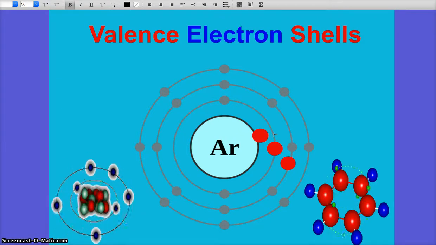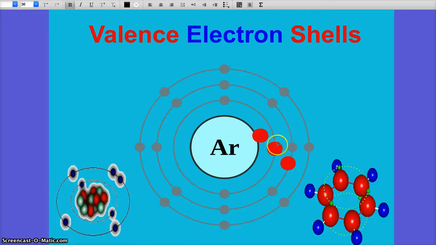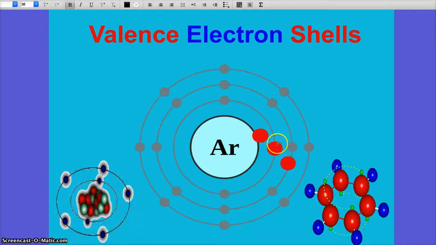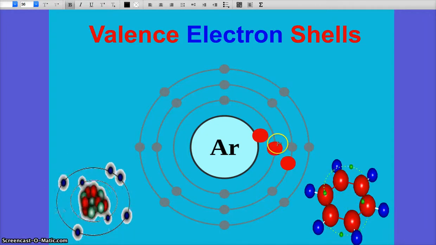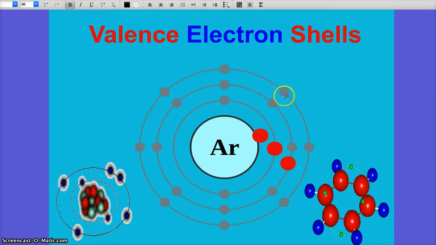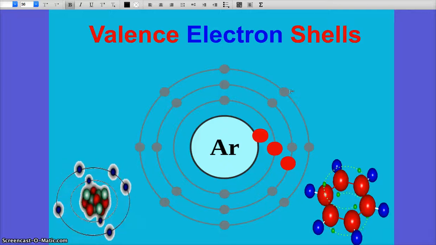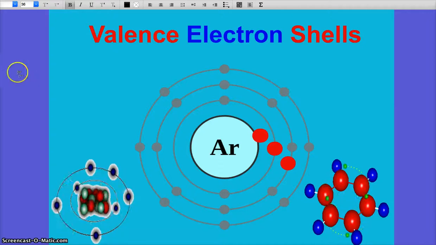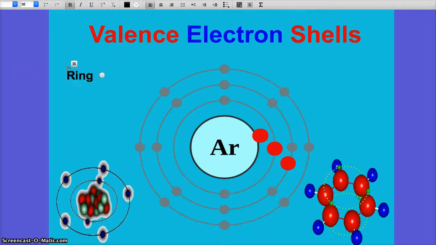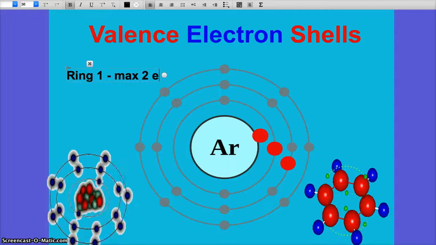Okay? In addition, you want to know that the first ring always consists of 2 electrons. The second ring consists of 8. The third ring consists of 8. And we don't have to go beyond that. Okay? The maximum amount of electrons: ring 1, max 2 electrons.